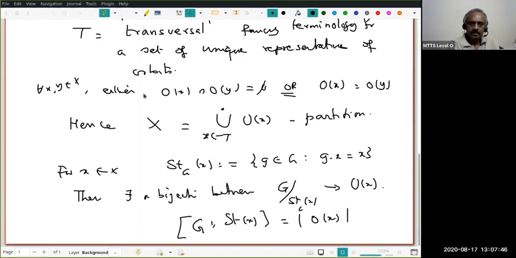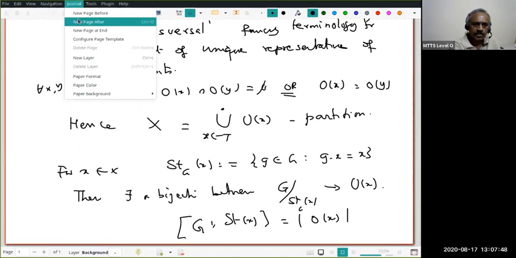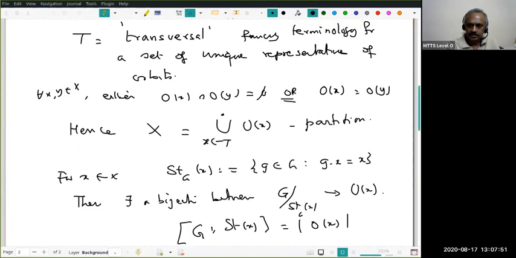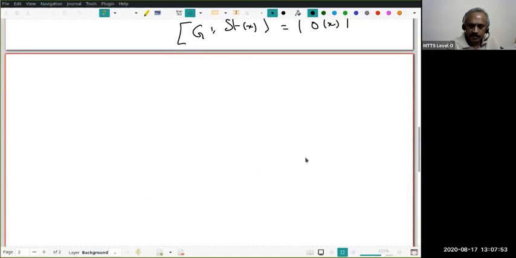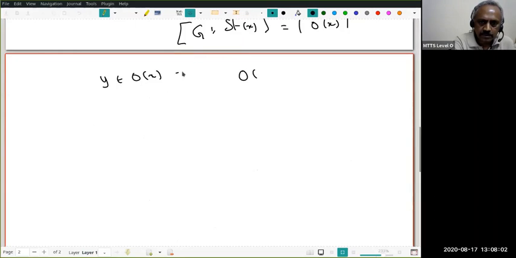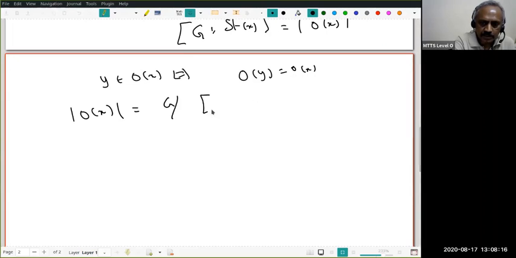We will quickly dispose of one more thing. Strictly speaking, I don't need it for today, but let me do that. Suppose y belongs to O of x. Then this implies, in fact it is if and only if, y equals g dot x for some g. This is the orbit of x. Now we know the orbit of x is the index of the stabilizer of x.